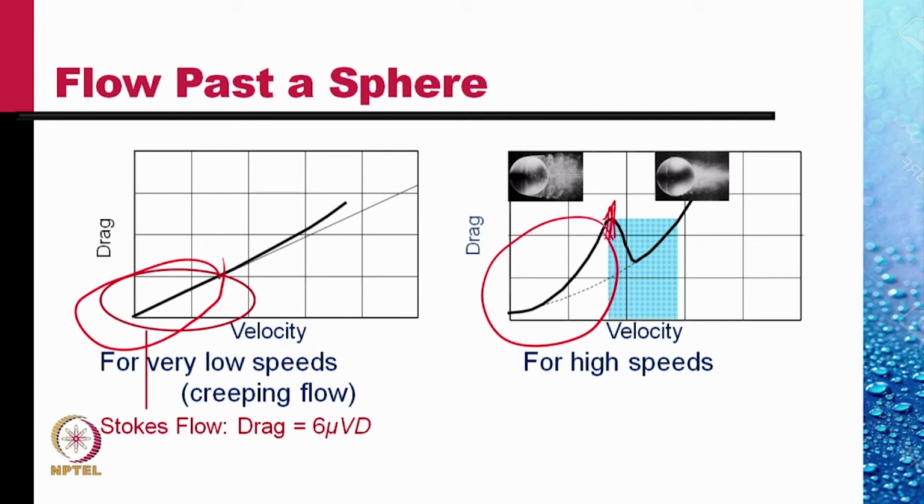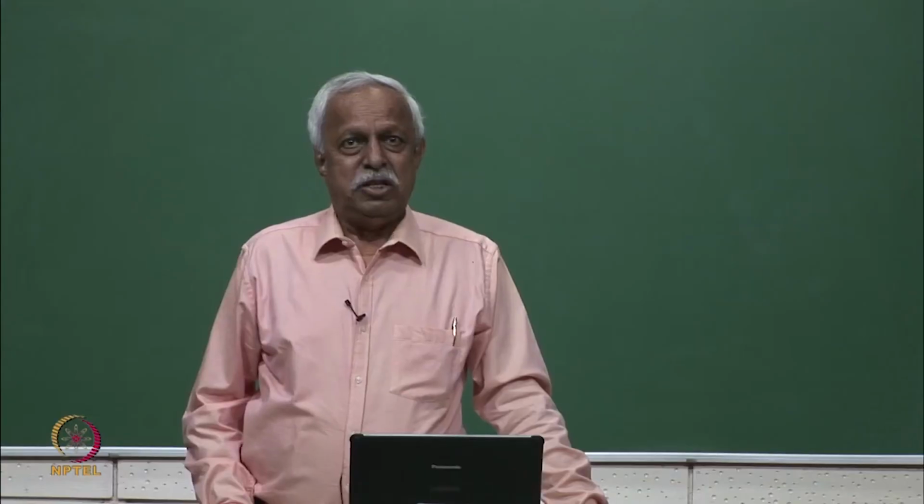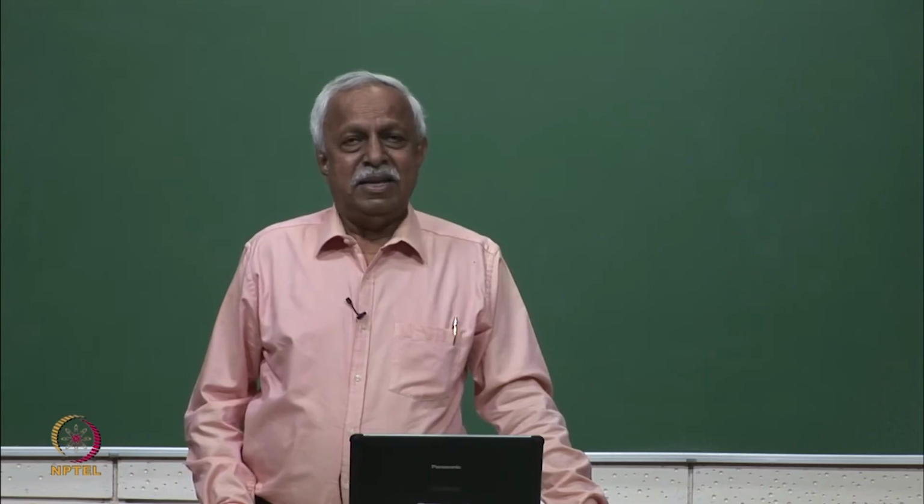The wake is narrower and the drag is lower. We'll see later on in the course that the pressure distribution around the sphere changes drastically in the two regimes, the laminar and the turbulent.